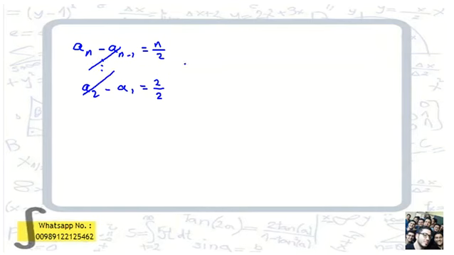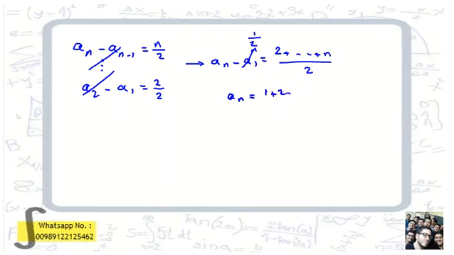If we add up all these, a_n minus a_1 is the sum of the terms over 2, and a1 is 1 over 2, so a_n is n times (n plus 1) over 4. If we check, a1 is 1 times 2 over 4, 1 half. a2 is 2 times 3 over 4, which is 6 over 4 as we found. So we found a_n in general.